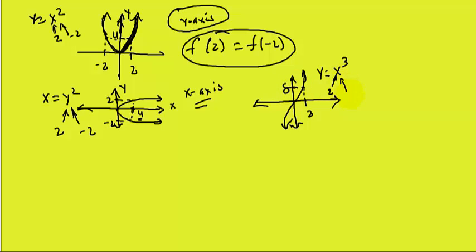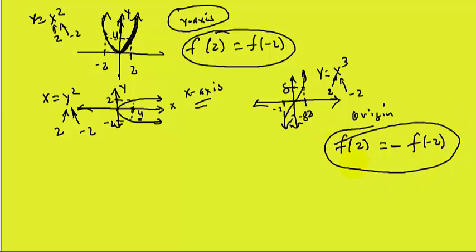And when you put in -2 in place of the x, we're going to get -8. So when you get exact opposite, then it's symmetric to the origin. So f of 2 is the opposite of f of negative 2. So it's symmetric to the origin.